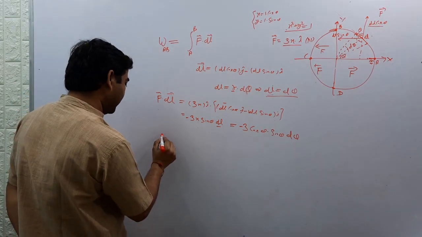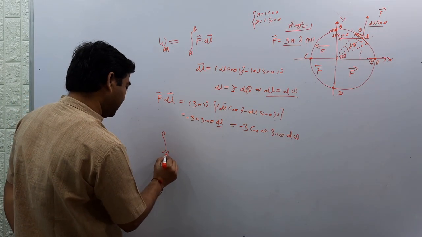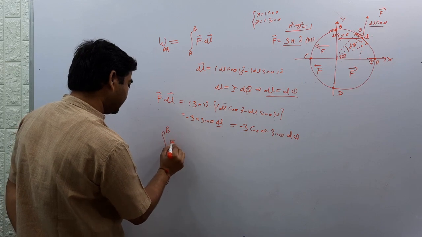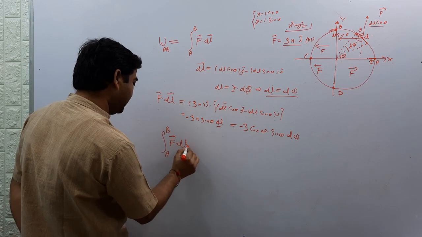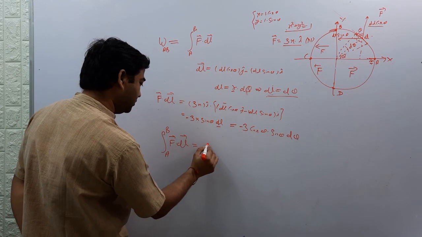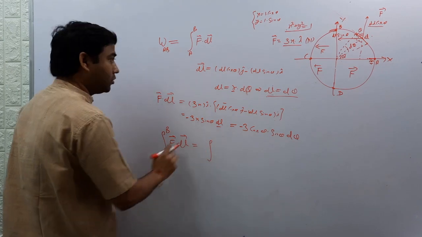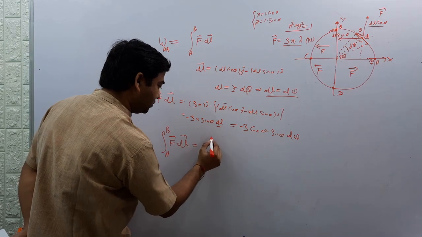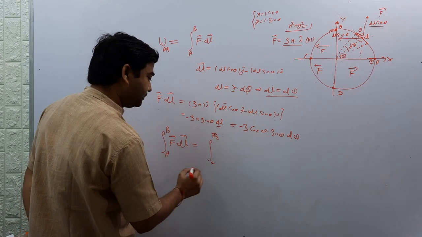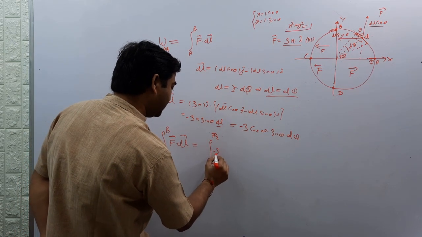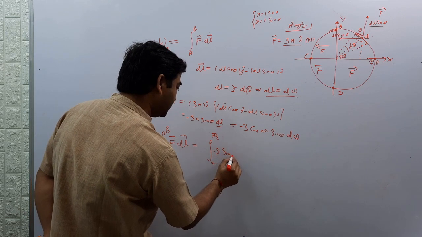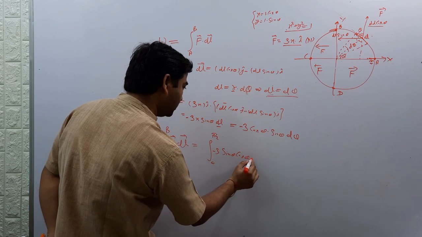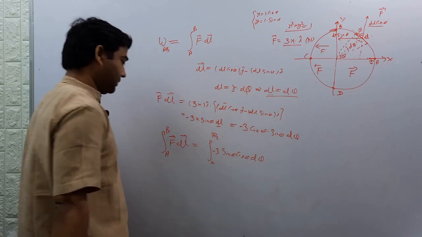So for the line integration from a to b, f dot dl is equal to the integration from a to b, where theta will change from 0 to 90 degrees, 0 to pi by 2, of minus 3 sin theta cos theta d theta.